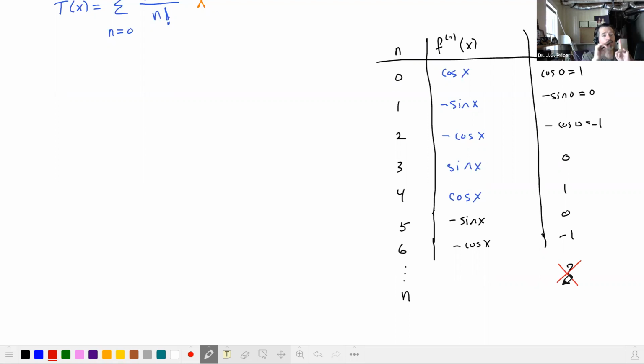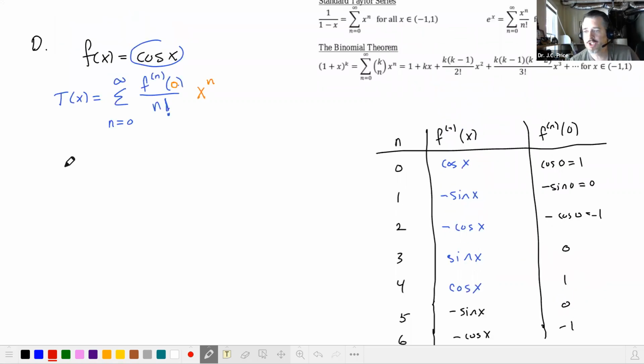But if you write out the first couple terms, you can rewrite the sum just from the pattern that you see. So what you want to do here is just write this out. You want to find f of 0, and you want to do f prime of 0 times x plus f double prime of 0 divided by 2 factorial times x squared plus, and do the third derivative, and so on and so forth, right?